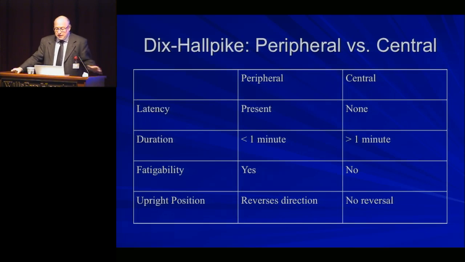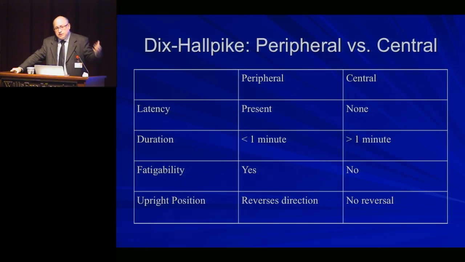The features that can distinguish central from peripheral on a Dix-Hallpike maneuver are these. There's a latency with peripheral. It could be only 2 seconds, it could be rapid, but it doesn't happen immediately. With central, it's just right there; you move them down, it's already there. The duration is brief with peripheral, less than a minute, usually just 5 or 10 seconds. With central, it persists more than a minute.